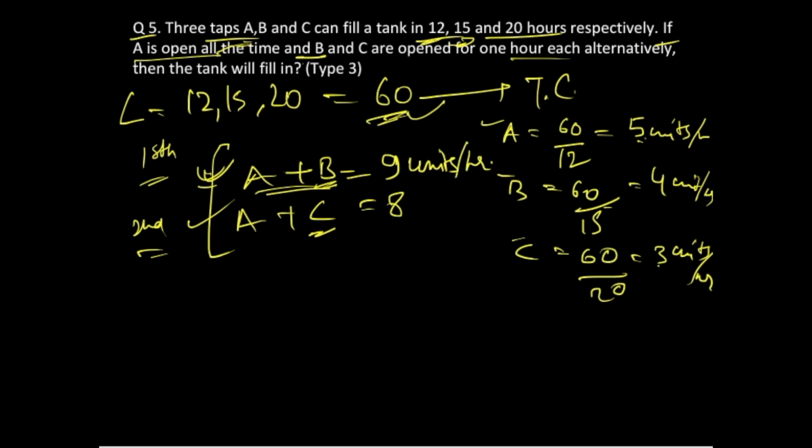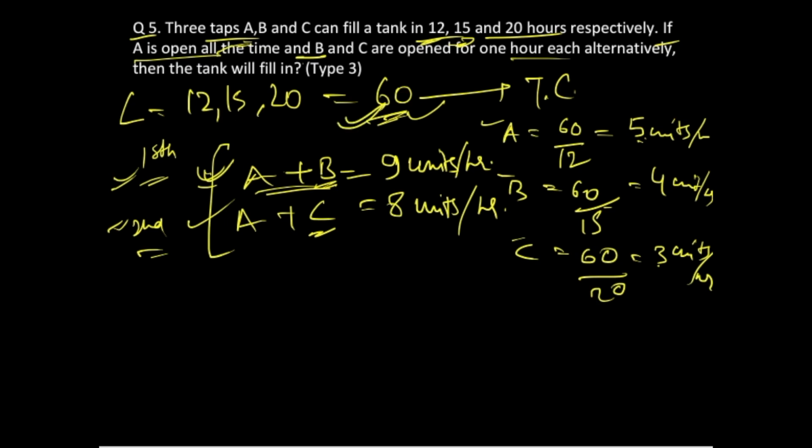This is their combined work in 1 hour. Similarly, A plus C is 8 units per hour. Now we have to find out, given that this arrangement is going to work for some time, how long would it take for them to completely fill this 60 units.